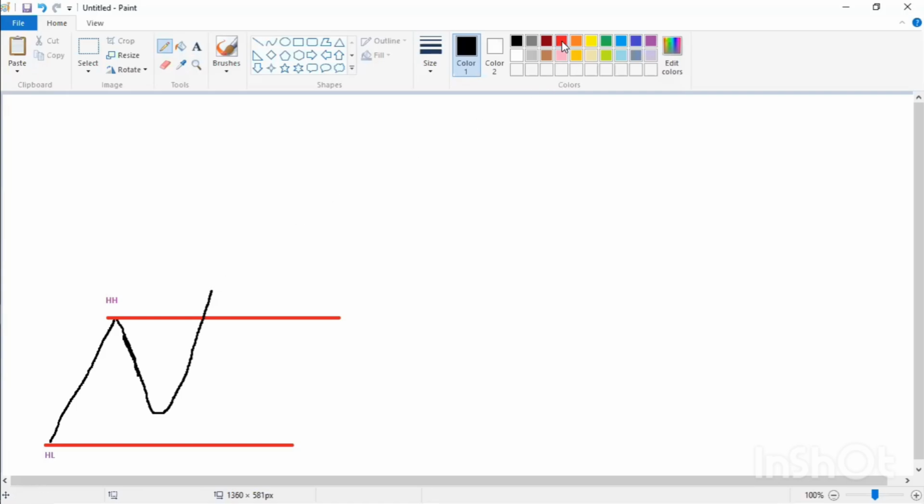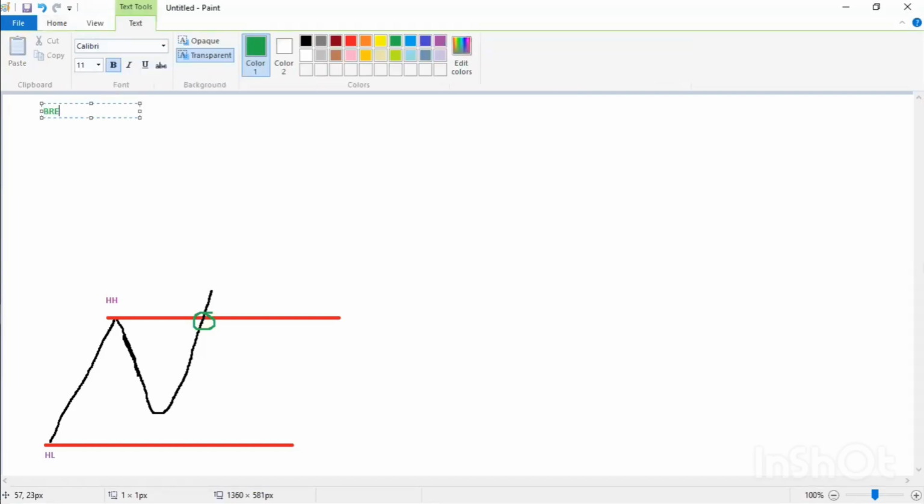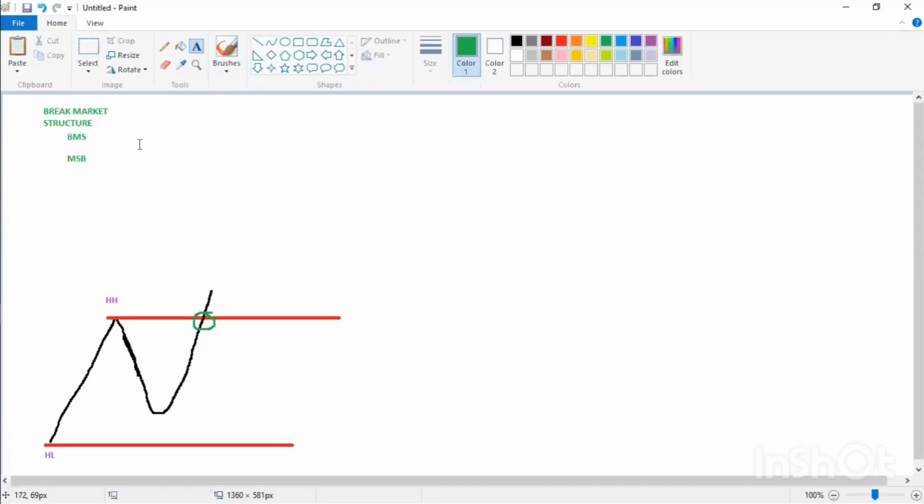Now, when you see this right here, this is what we call a break in market structure, or BMS. Sometimes they call it MSB, market structure break, same thing.